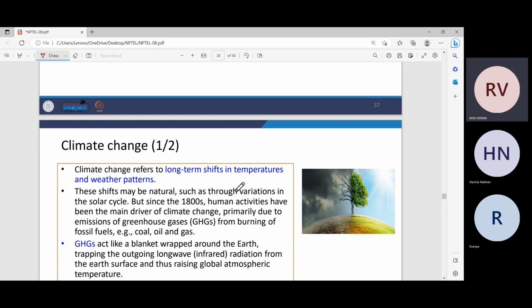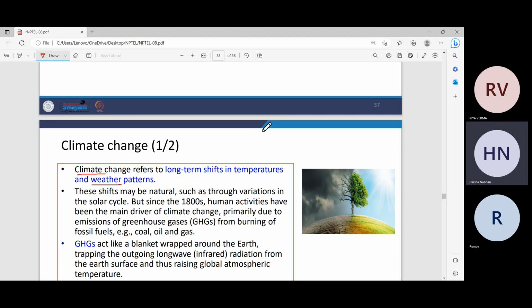Can anyone tell me the difference between climate and weather? These two are terms that are used very frequently in our day-to-day life. So, what's the difference between climate and weather?